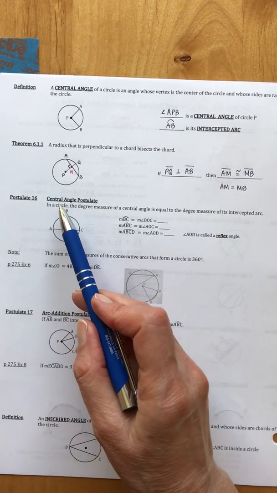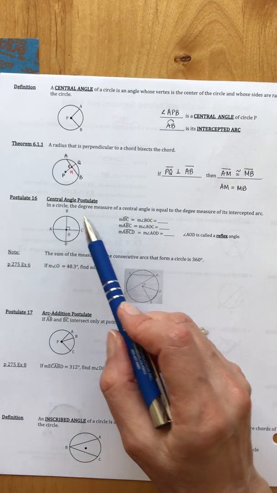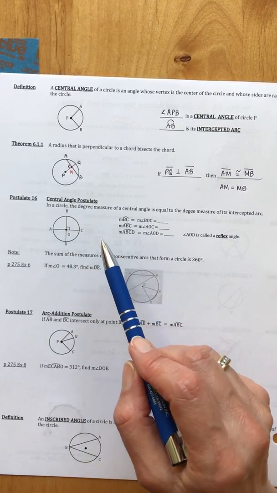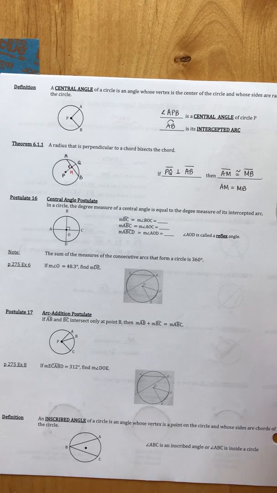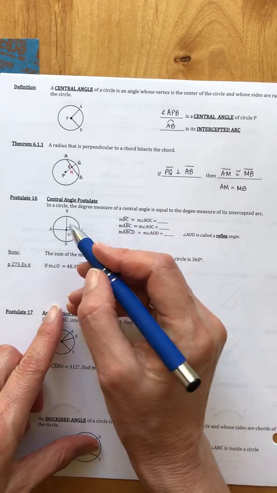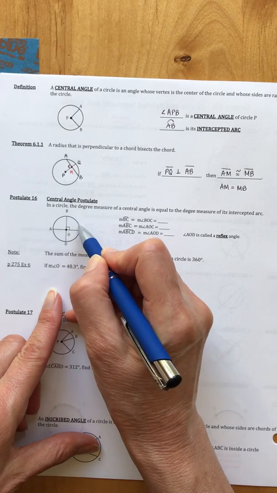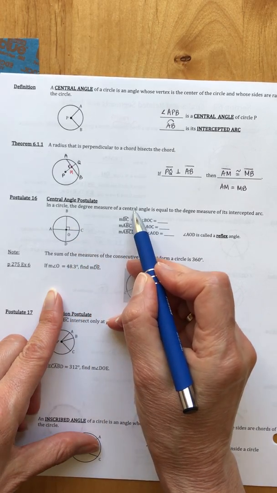Okay, so the central angle postulate tells us that in a circle, the degree measure of a central angle is equal to the degree measure of its intercepted arc. So we have here arc BC. Notice it says if it's a central angle.